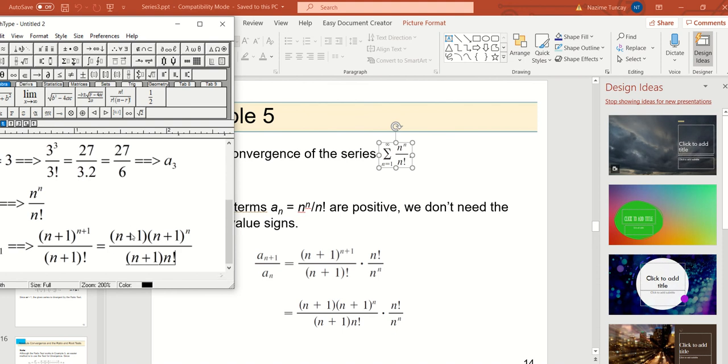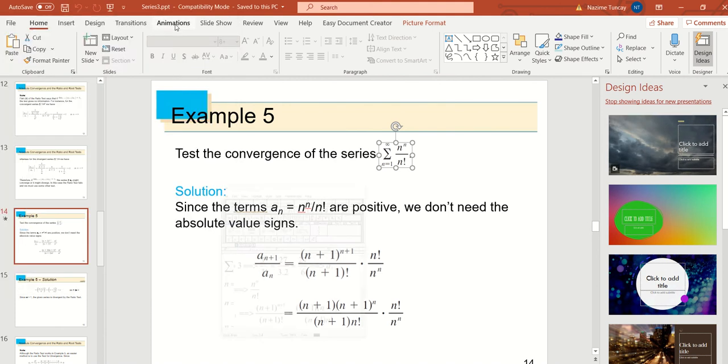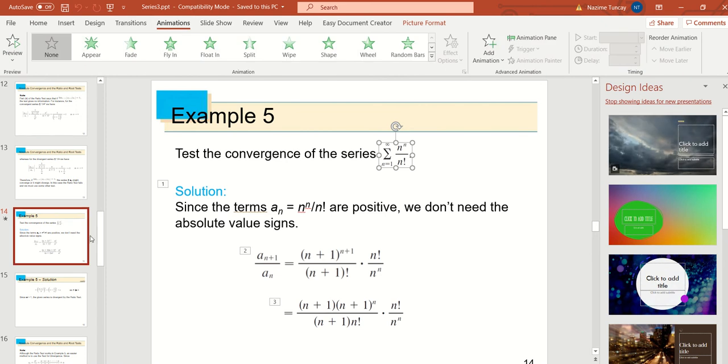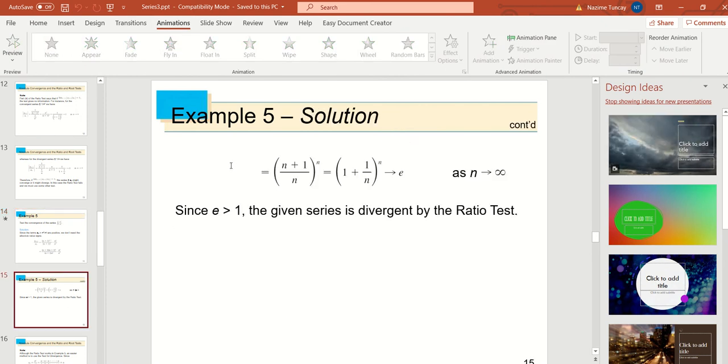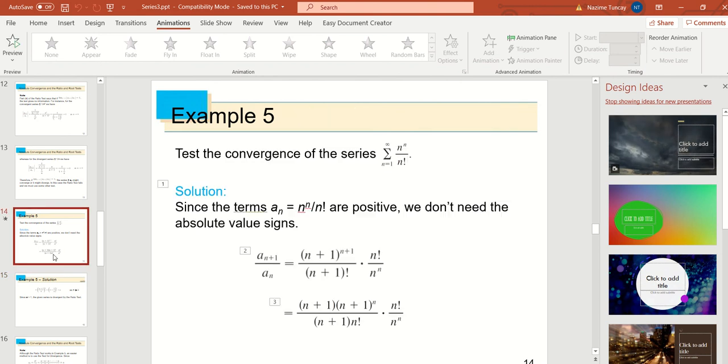In this way this and this can be deleted. And what do we have afterwards? Here this is n factorial, so these are gone. This and this are cancelled, and this n factorial and this one are cancelled.